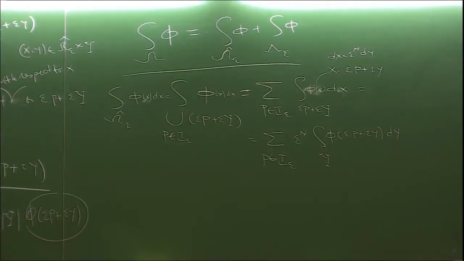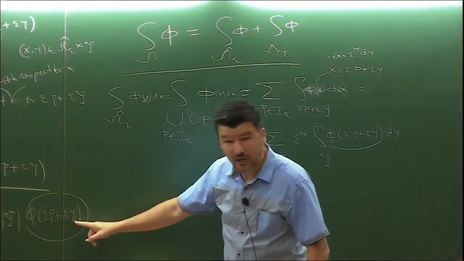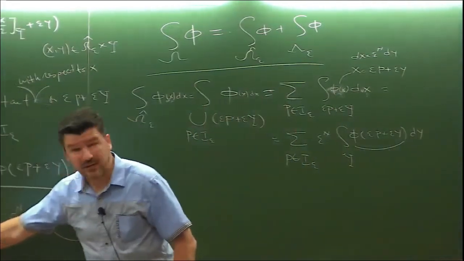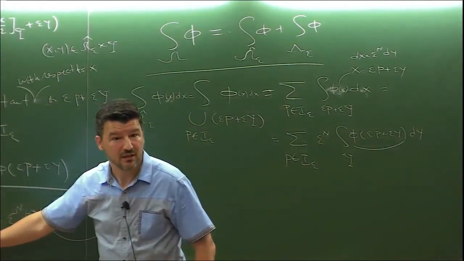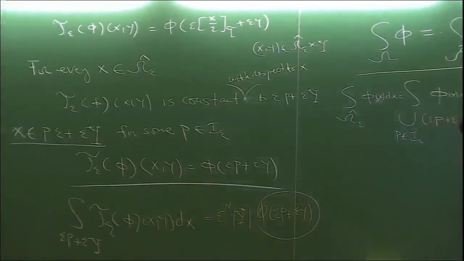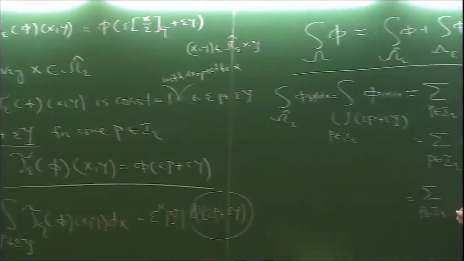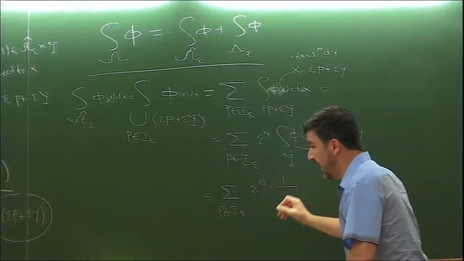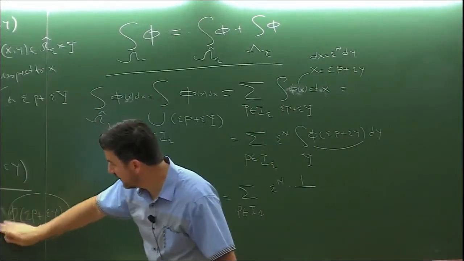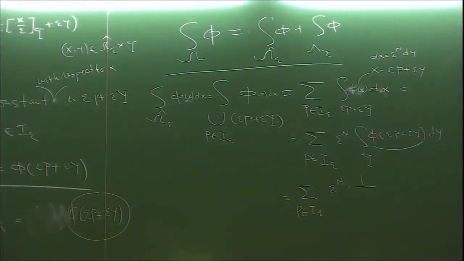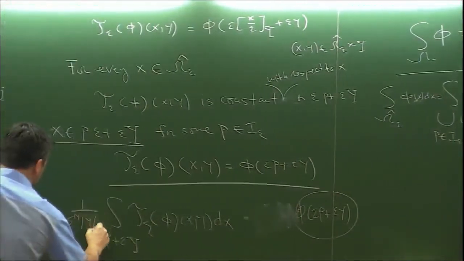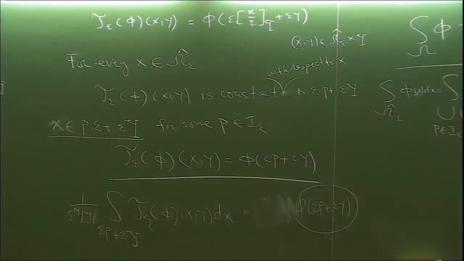And so, here, I use the fact that on every cell, phi of epsilon p plus epsilon y is given by the average of the unfolded with respect to x on that cell, yeah? Because of observations we just made. So I just replace that here. I just use the fact that this equals 1 over epsilon to the n measure of Y times the average of the unfolded, so the integral of the unfolded.